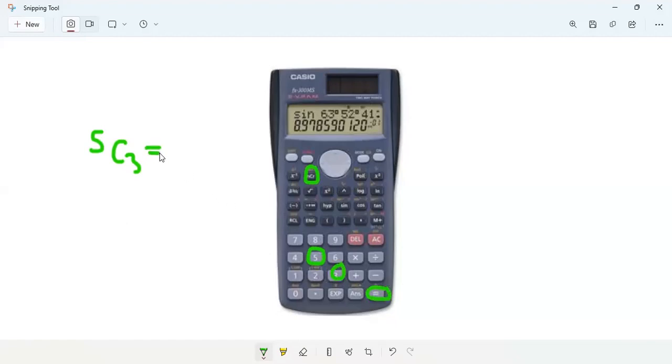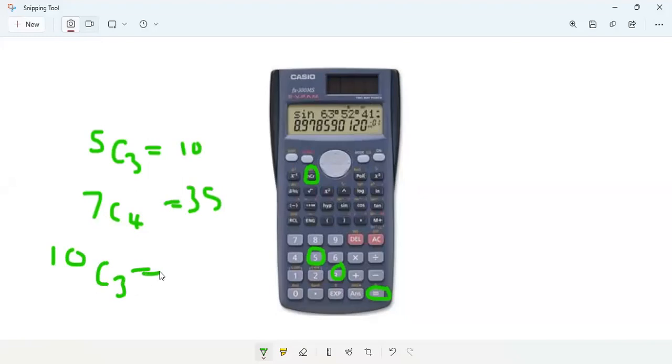What are you getting? 5 combination 3? 10. 10, correct. How about 7 combination 4? 35. 35, correct. So now this will help you if you have a big figure like 10 combination 3.